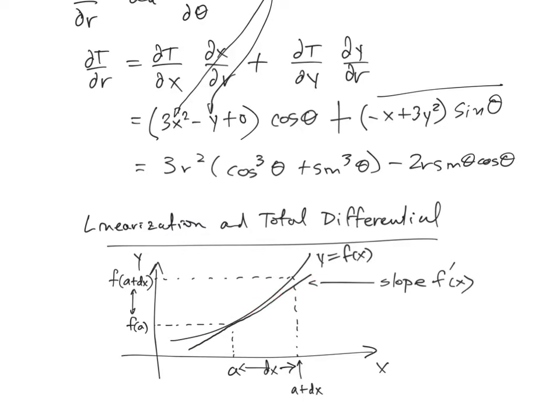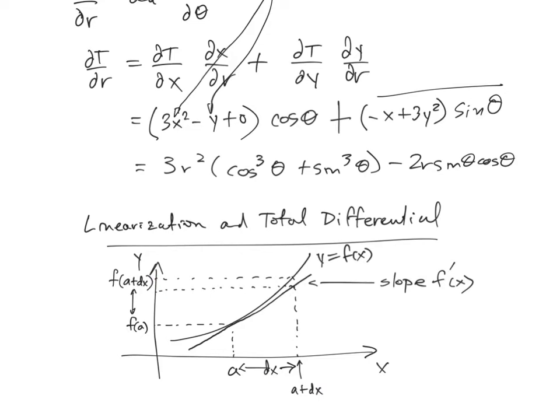Because if I find this tangent line, the slope of it is the derivative of this function at this point, well, this is just a straight line. And so I could say, okay, this straight line at an x value of a, I still have this value of y. At an x value of a plus dx, according to this straight line, I have this value for my function. Okay, it's a little bit different than the true value.